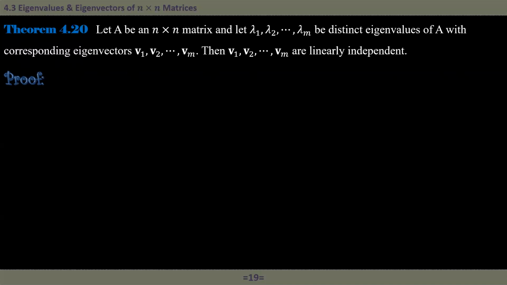What we have to understand here is, if you're given matrix A and it has distinct eigenvalues lambda 1, lambda 2, lambda m, they are all different, none of them, if you pick any two, are equal to each other, and the corresponding eigenvectors v1, v2, vm, then these vectors are linearly independent.